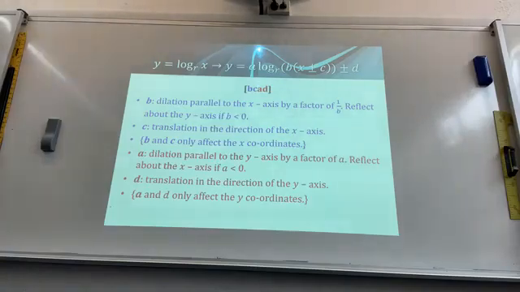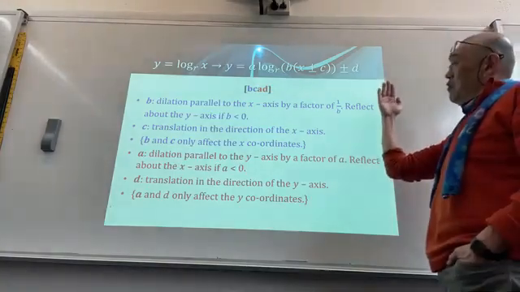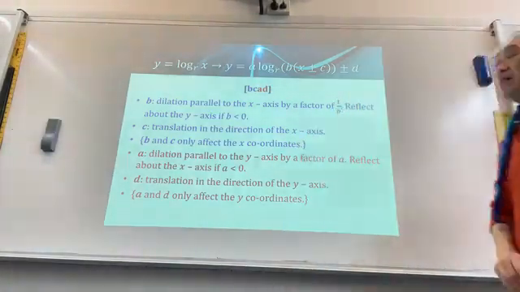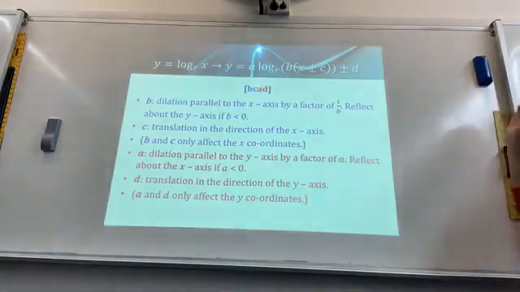Reflect about the y-axis if b is less than 0. So, dilate and then reflect. Then translate in the direction of the x-axis, left or right, positive or negative.